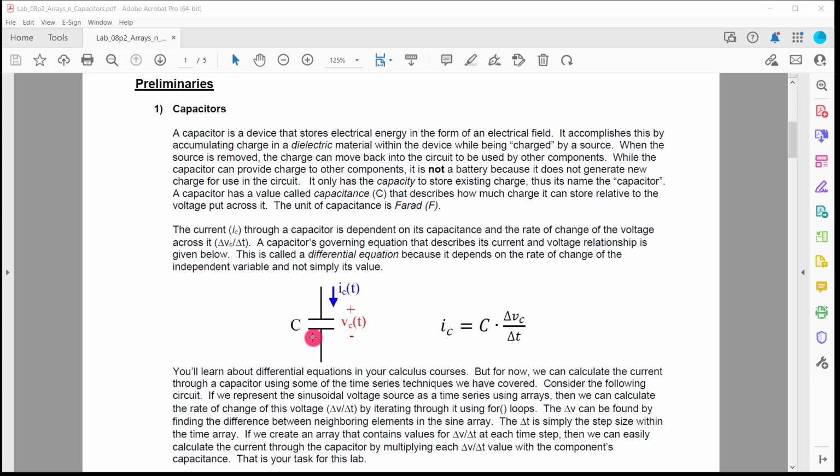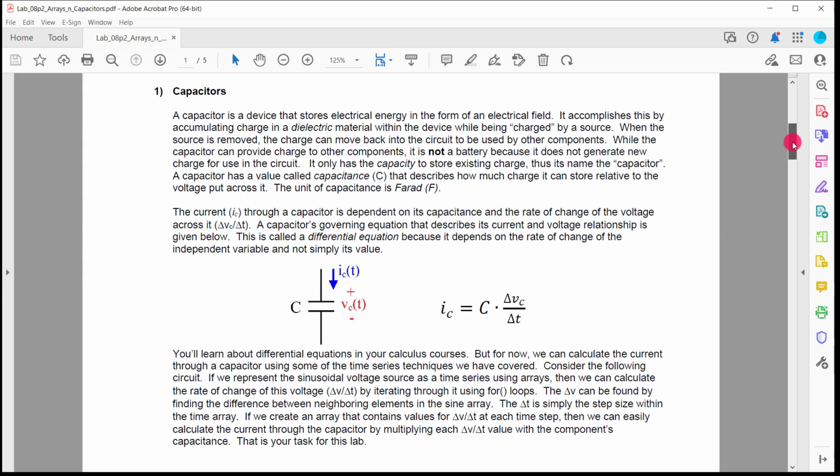Now, for this lab, here's what is interesting. The equation between the current and the voltage is not straightforward like it is for, let's say, a resistor. A resistor is governed by Ohm's law, V equals IR. A capacitor's governing equation is that the current is equal to the capacitance times the rate of change of voltage across it.